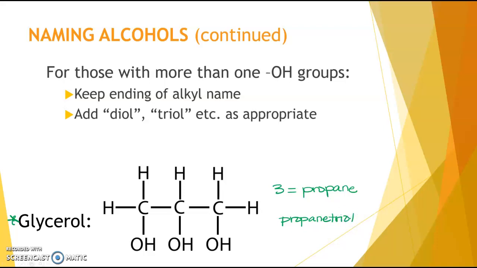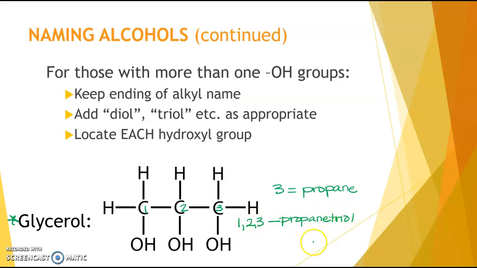But I'm not quite done because there could be some isomers of this out there with the hydroxyls in some different locations, so I do need to locate each one. In that case, I have a hydroxyl group on each carbon, so the IUPAC name of this is 1, 2, 3, propane triol. You can see why we might like that common name just a little bit better.